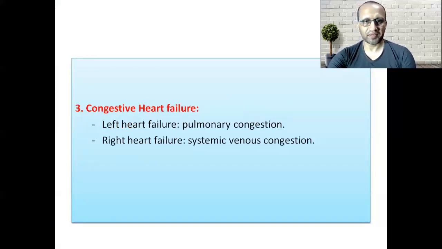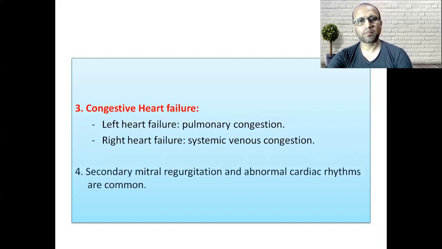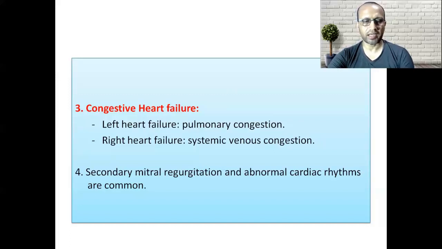Congestive heart failure can occur in advanced stage. Left heart failure can lead to pulmonary congestion, and right heart failure can lead to systemic venous congestion. Secondary mitral regurgitation and abnormal cardiac rhythms are common in dilated cardiomyopathy.